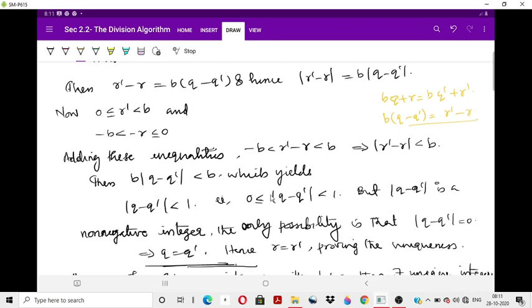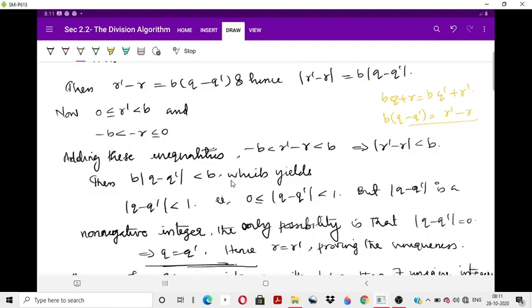And this inequality says that this integer is strictly less than 1 and greater than or equal to 0. But there is no integer in between 0 and 1. So obviously this inequality implies that mod q minus q dash will be equal to 0. That means q is equal to q dash.